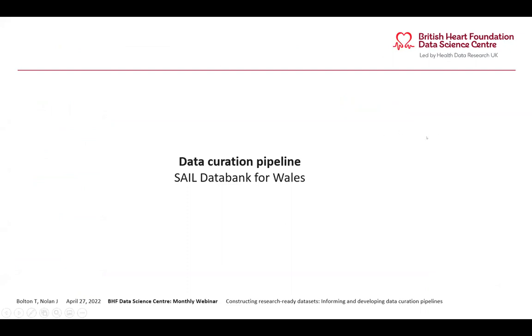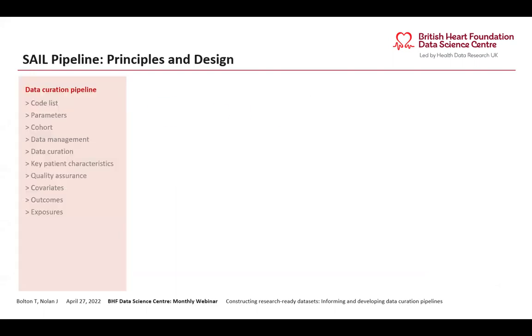Yes. Great. Thanks, Tom. So I'll now provide a higher level overview of the equivalent pipeline that we've developed in the SAIL data bank for Wales. So the SAIL pipeline for CCU 018 has been written in RStudio and utilizes the dbplyr and dplyr packages, which allow users to connect to and query databases using R syntax.